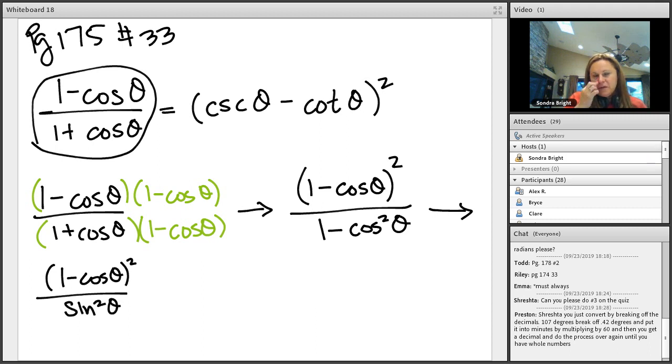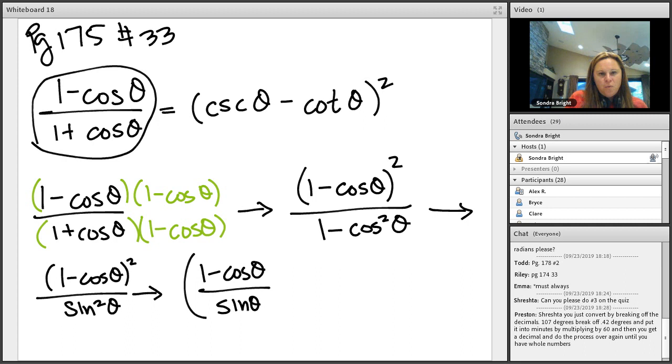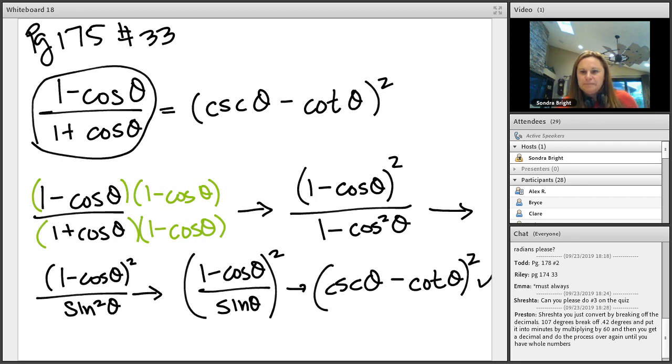Well, technically, because you got a squared on top and a squared on the bottom, it's like 1 minus cosine over sine, quantity squared. And then you can separate this. 1 over sine is cosecant, and cosine over sine is cotangent. And then that's quantity squared. Boom, done.